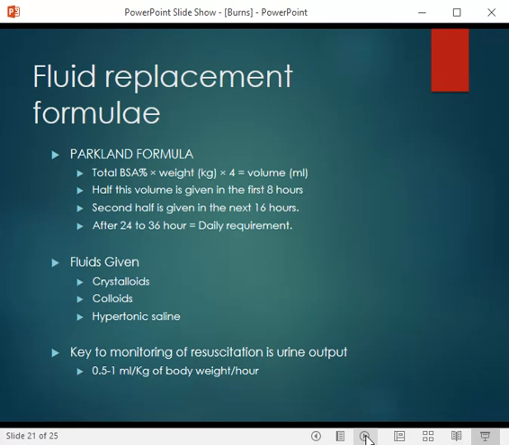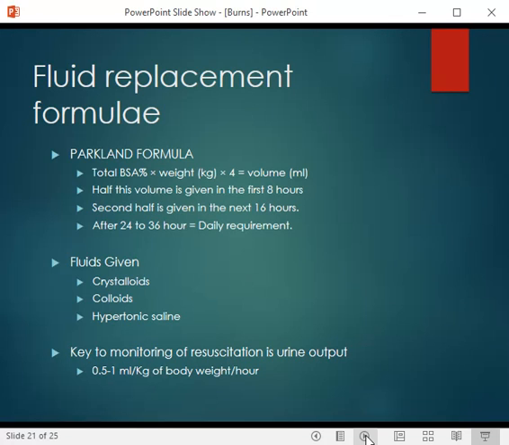Which fluids do you want to give? You want to give crystalloids, you want to give Ringer's lactate, you want to give saline, and if you don't have those, you will give Plasma-Lyte. You don't usually give 5% or 25% or 10% dextrose, they're useless fluids. Secondly, colloids. Colloids, for example, we give this Haemaccel.